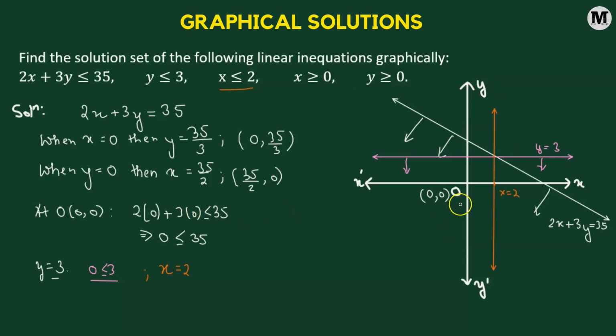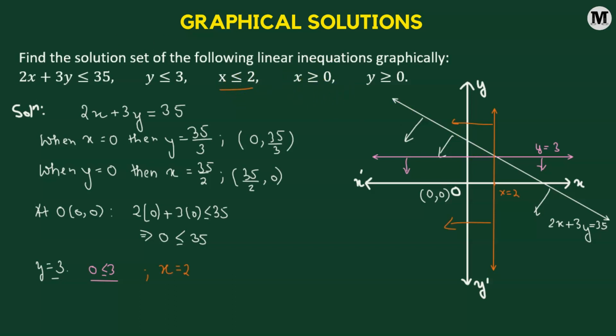Now, we need to find out the region where x is less than or equals to 2. Now, we can consider the origin O. So if we substitute x with 0 in the inequality, then 0 is going to be less than 2. So that means we have to include the region which has the origin point. So all the region lying to the left of the line x equals to 2 is going to be a solution to x less than or equals to 2.